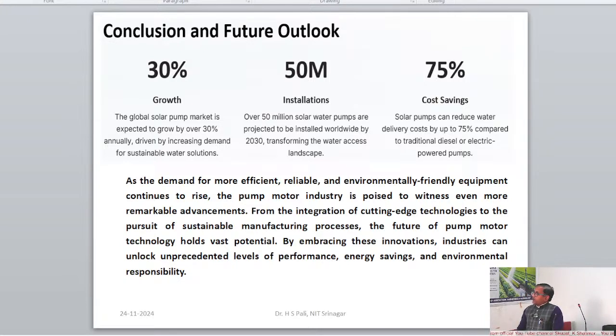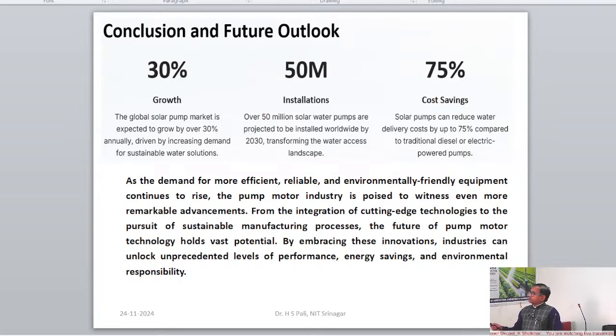As the demand for efficient, reliable and environmentally friendly equipment continues to rise, the pump motor industry is poised to witness even more remarkable advancement. So this is the outcome of today's lecture.